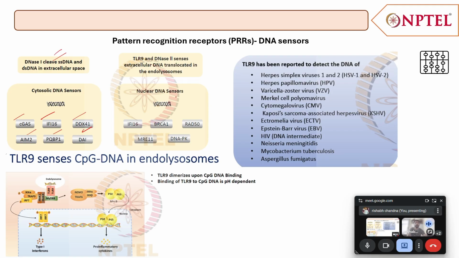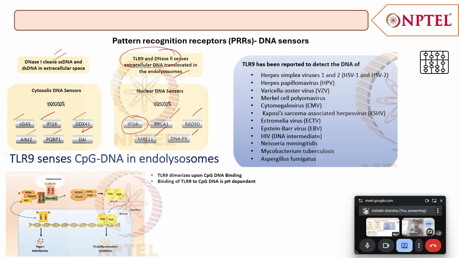Then we have the nuclear DNA sensors, which are also IFI16, BRCA1, RAD50, MRE11, and DNA-PK. DNase2 along with TLR9 senses extracellular DNA that is translocated into the endolysosome. So this is how TLR9 in combination with DNase can recognize the particular DNA molecules.